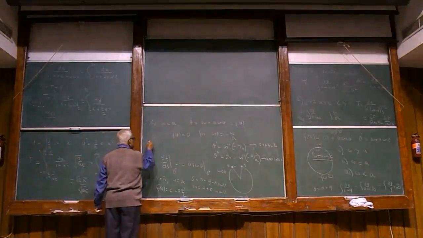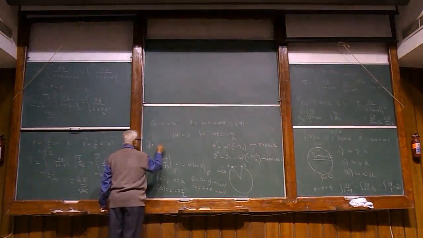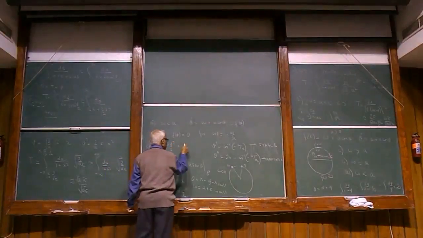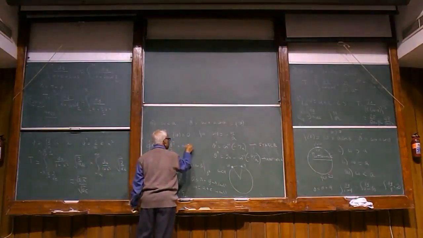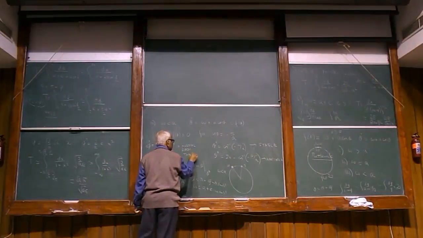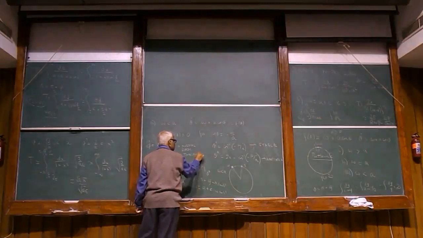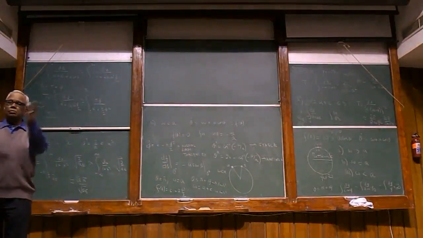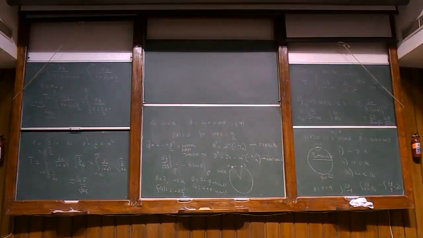So phi dot is equal to epsilon plus A phi squared over 2, the normal form of the tangent bifurcation. Correct? Right? So it works through in every way.